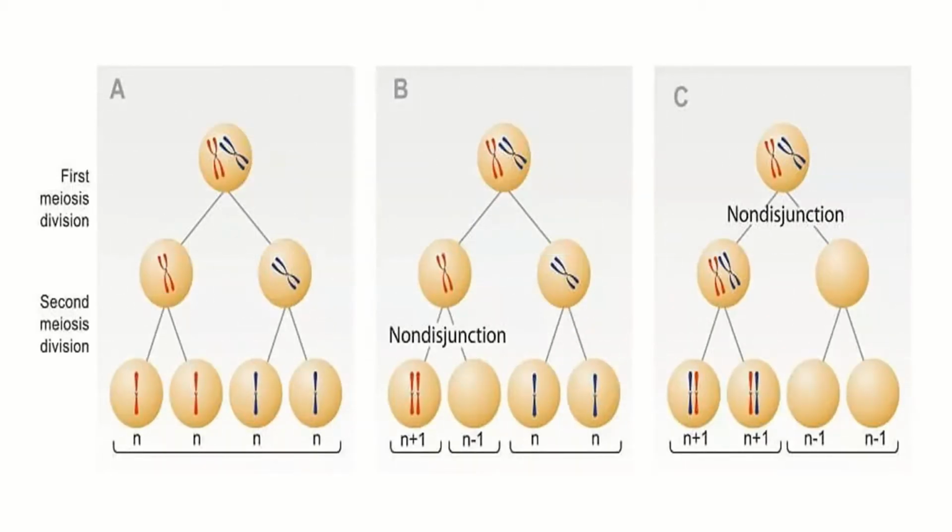Consider these three situations. Situation A, where normal meiotic division happens. Situation B, where there is an error in meiosis 2, and situation C, where there is an error in meiosis 1. Take note that in this diagram we are only interested in the movement of chromosome number 21. Everything else happens normally. In normal meiotic division, the homologous pair of chromosome 21 divides normally in meiosis 1 and meiosis 2, producing normal gametes carrying one copy of chromosome number 21.